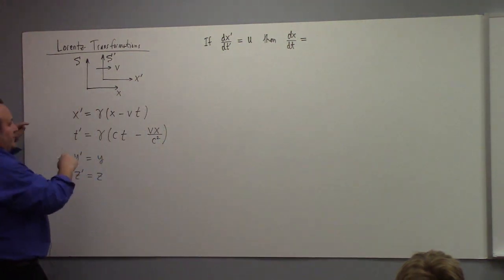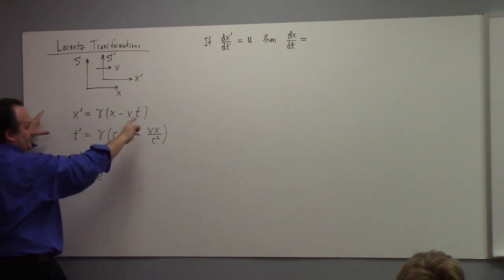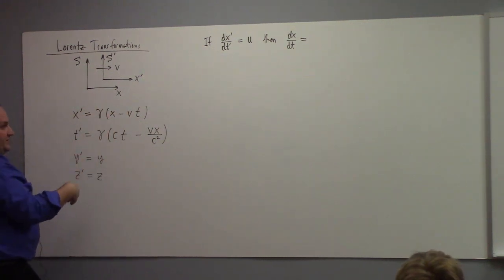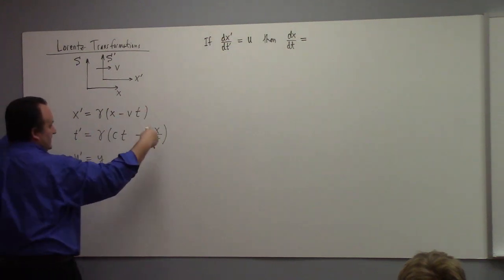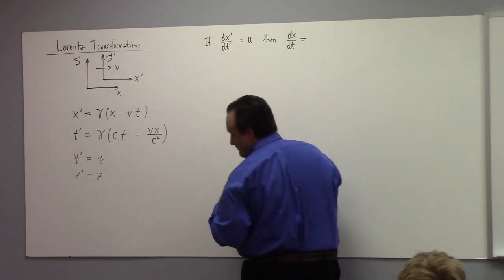What we did, remember, is we thought of these in terms of very small increments of x and t, and we used the differential notation. We basically divided these two equations, and what did we get out? Do you guys remember?